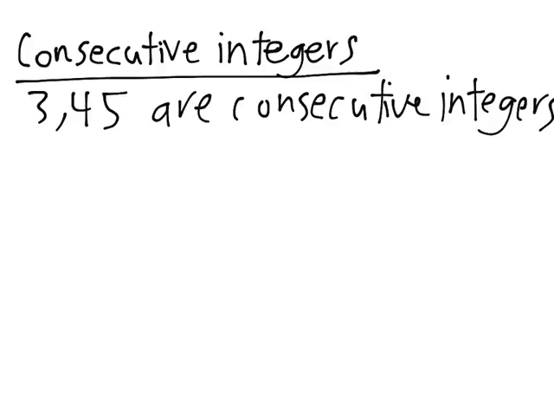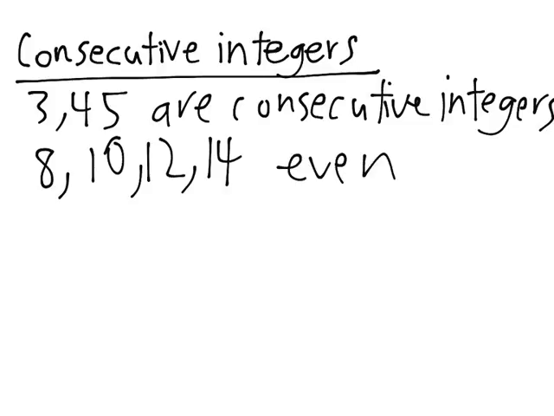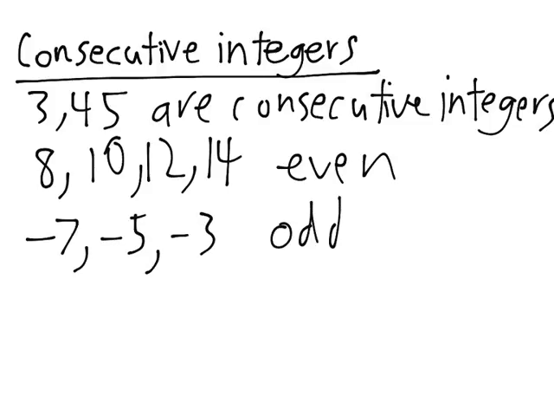Those are just consecutive even integers like 8, 10, 12, and 14, which skip all the odd ones, or consecutive odd integers like -7, -5, -3, which skip all the even ones.